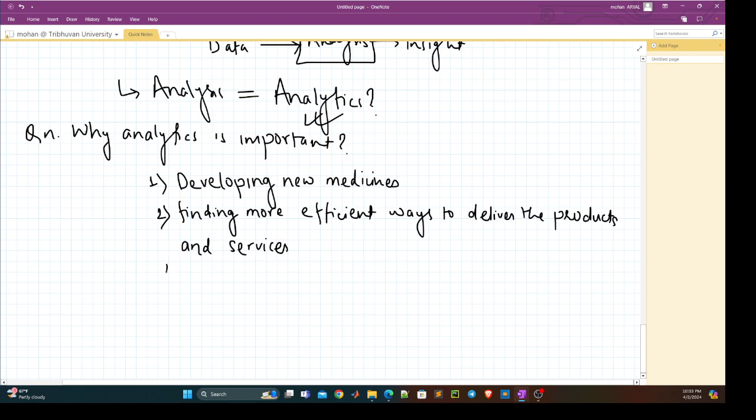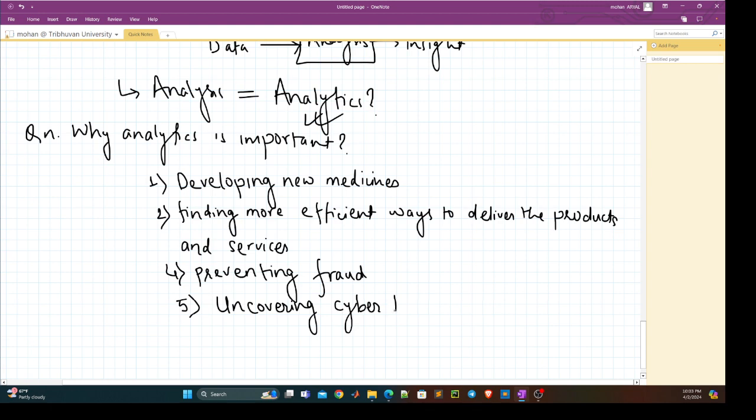And the fourth one will be preventing fraud. Data analytics is being used in preventing frauds, uncovering cyber threats, and the sixth one is retaining the most valuable customers, right?